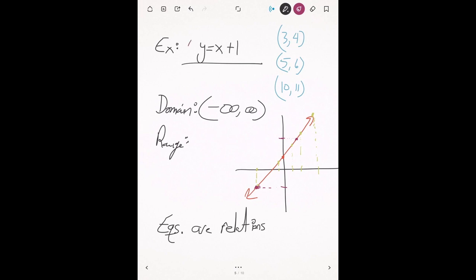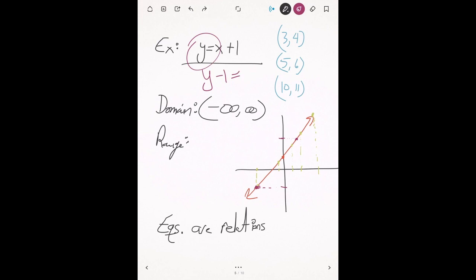And you should ask yourself, is there any number I can't get for y? Is there any number that I can't get by adding 1 to a different number? And really you should say, well, no, I could have whatever I want for y, because if I took y minus 1 equals x, I could always find an x and y that will work.